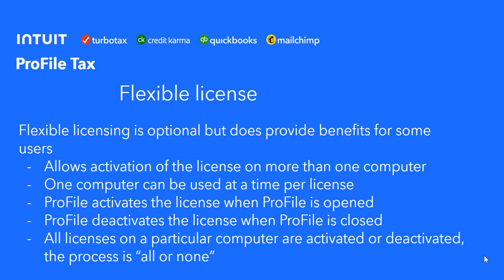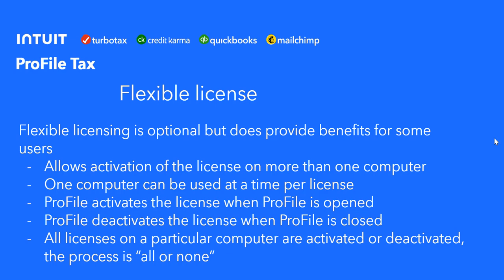Just one thing though, if you have more than one license, like a T1 and a T2, you can't deactivate one and leave one available. So if you have a T1 and you want to deactivate that and leave the T2, that option is not available for flexible licensing. It's all or none.